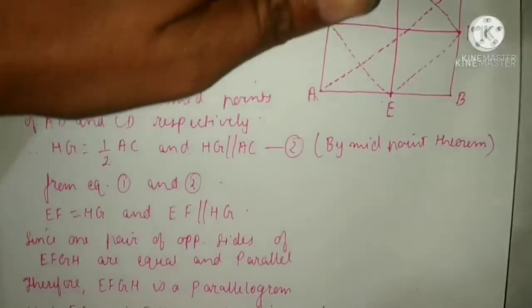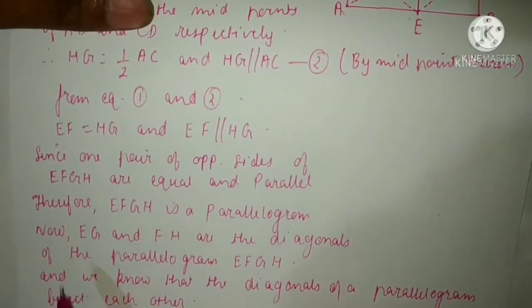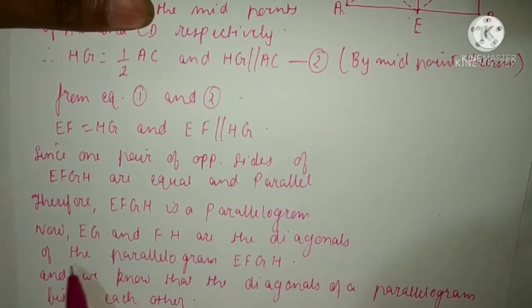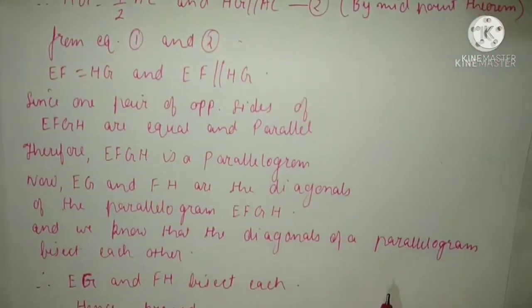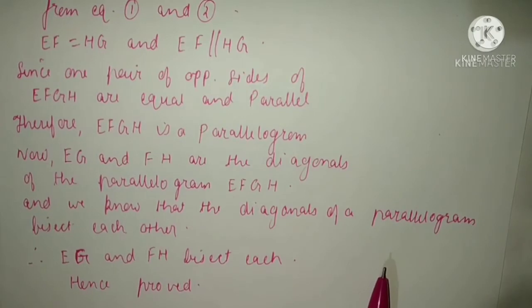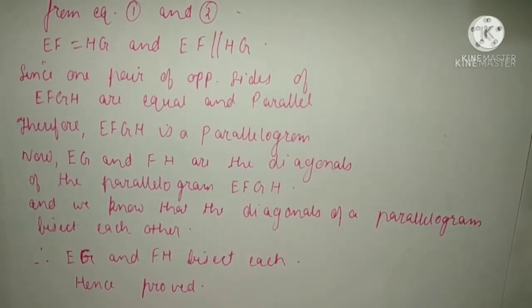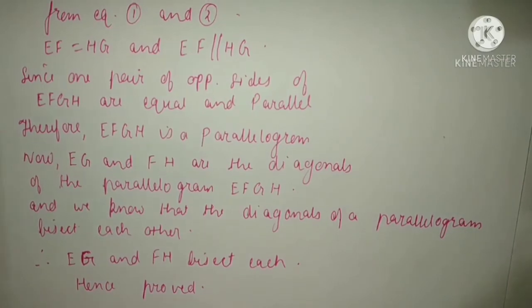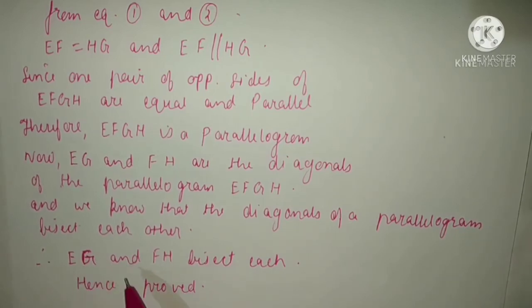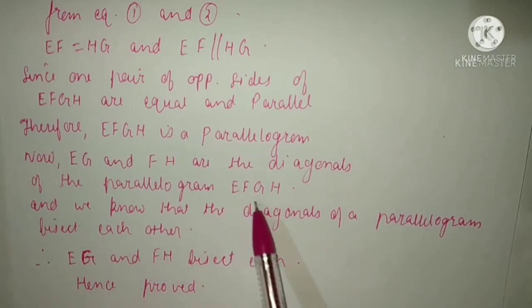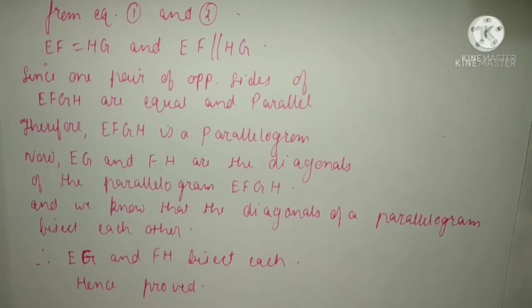So we will write, now EG and FH are the diagonals of parallelogram EFGH, and we know that by the properties of parallelogram that the diagonals of a parallelogram bisect each other. That means this EG and FH bisect each other, since they are the diagonals of parallelogram EFGH, so they will bisect each other. And at last you can write, hence proved.